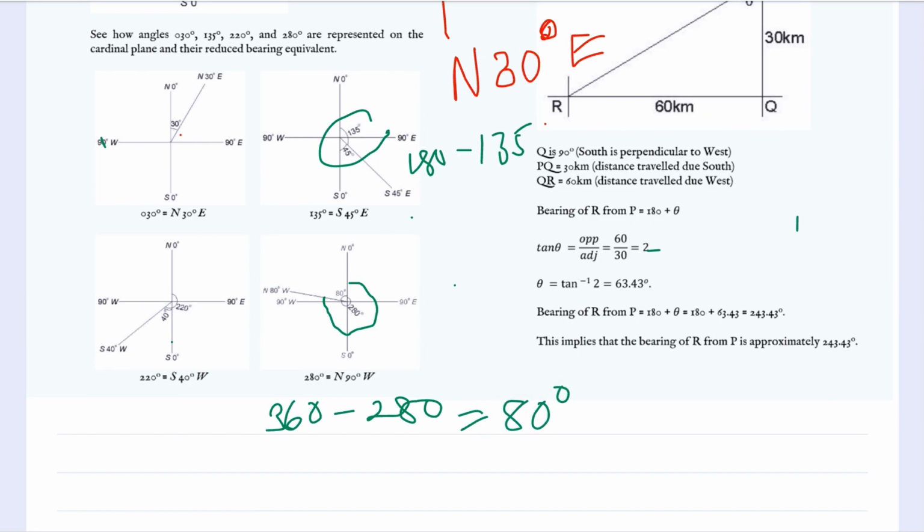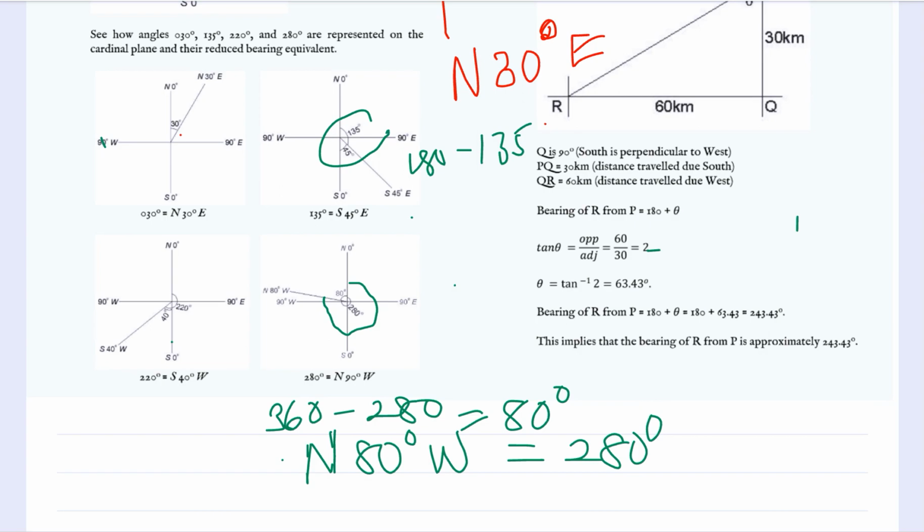So that means I can say this is not 80 degrees west. Do you understand that now? So not 80 degrees west is the same thing as saying 280 degrees. Are you seeing that now? So that is the other thing that you need to know about this bearing and distance thing.